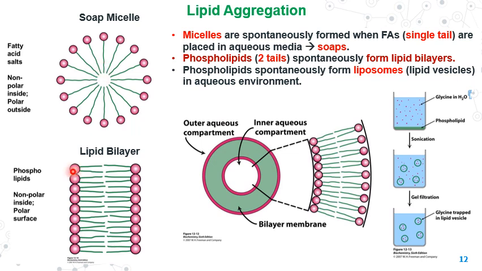Okay. On the other hand, if you have these two tails, like in phospholipids, okay, now this thing has mainly a boxy or a rectangular type of shape, and that is going to allow this bilayer formation, okay, as you see over here.